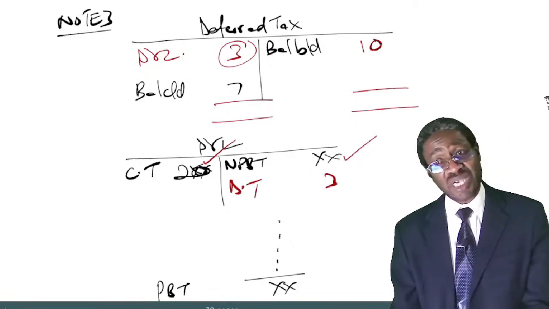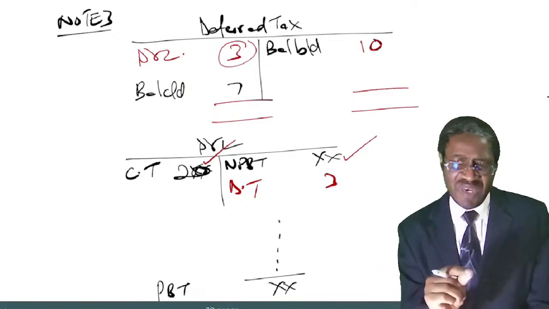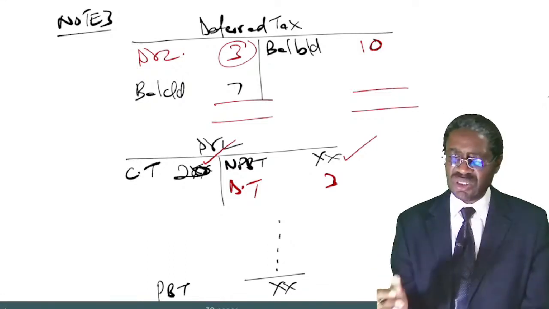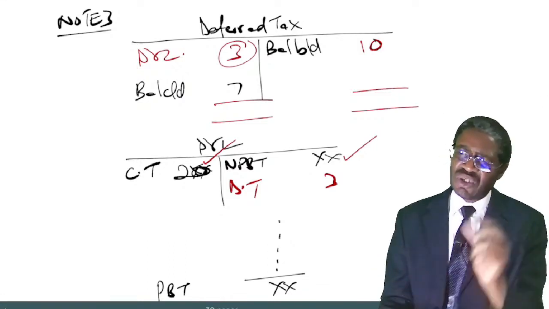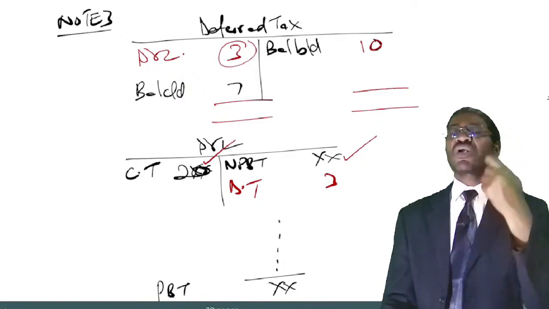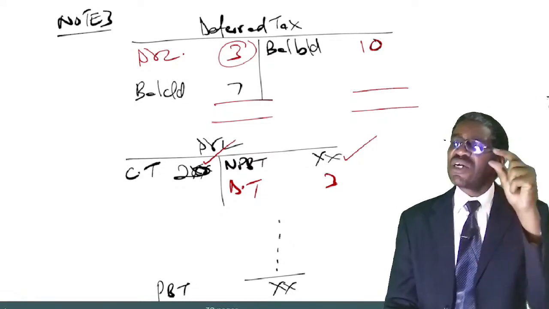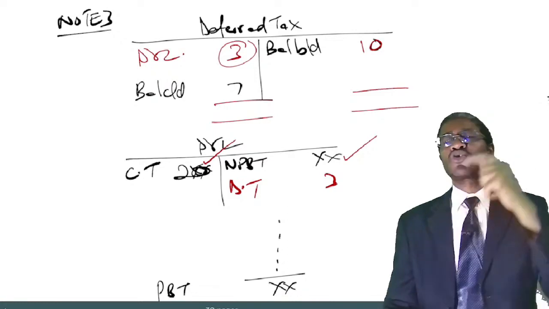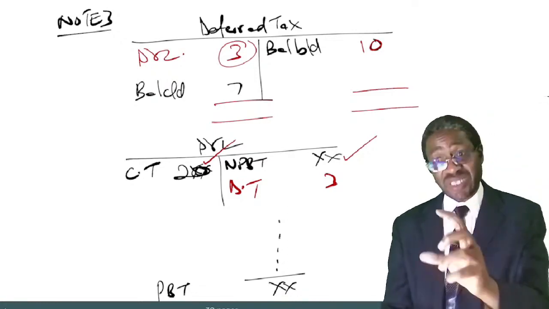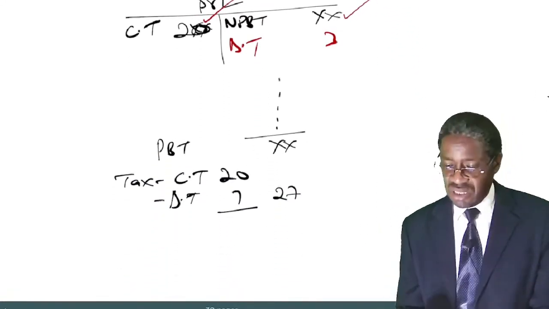So this time you are crediting the P&L account, while on the debit there is that corporation tax of 20. So the question is, by crediting the P&L account by 3, am I increasing the corporation tax of 20 or reducing it? We said anything credited in an account automatically reduces whatever is debited in the account. So this time, with that 3, you would have deducted. That is 3.